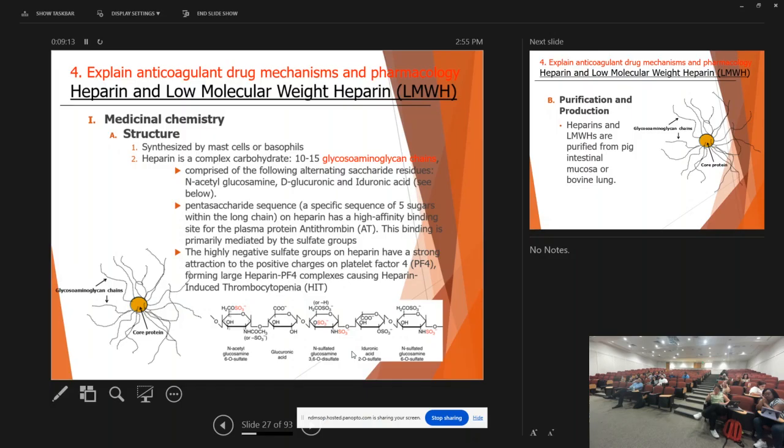And then it forms large heparin-PF4 complexes. That is a problem because now your body can produce antibody against this complex. And sometimes you will see that in patients. And that can lead to heparin-induced thrombocytopenia.